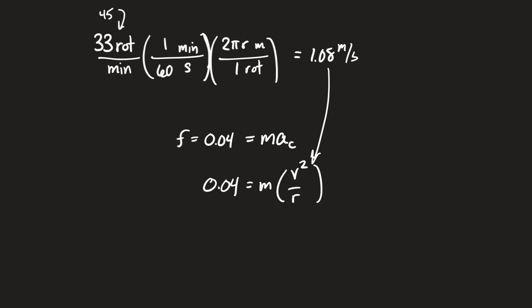You got me? You found the velocity. So you'll have 0.04 equals M times V squared over R. You can use that to find R. Now there's a little problem with this, which is why I won't have it exactly like this on the test. But this kind of figuring is something that I feel is okay on the exam.